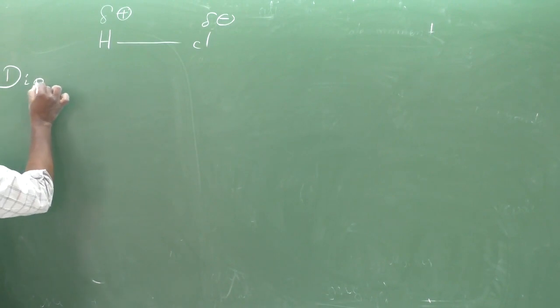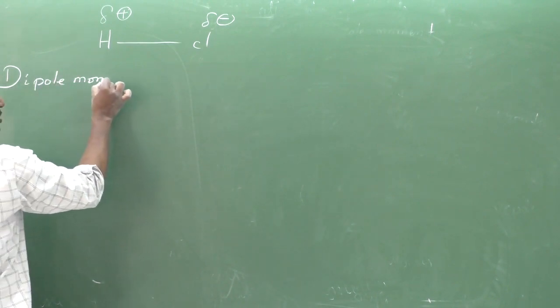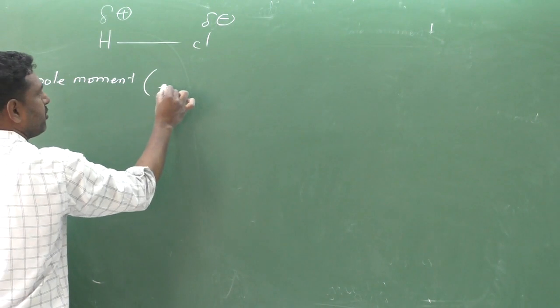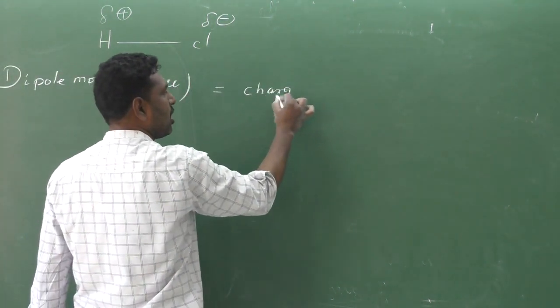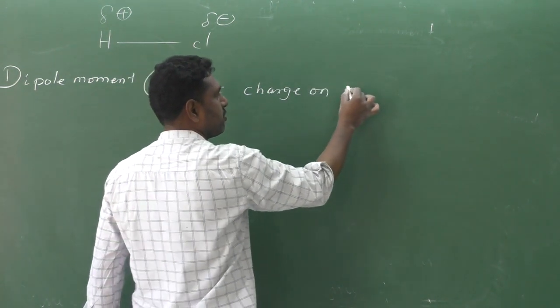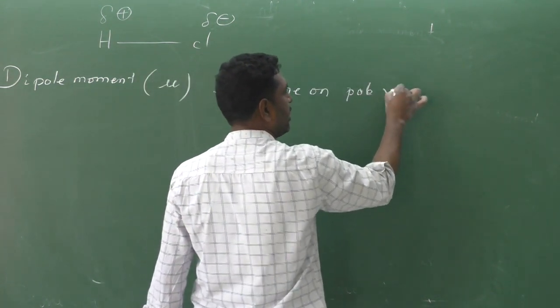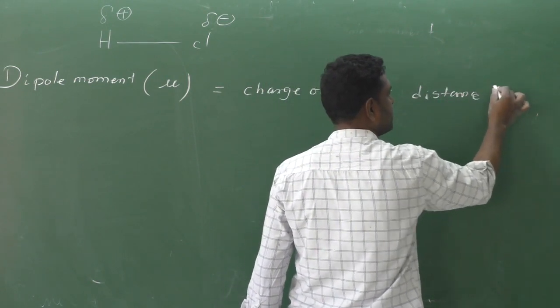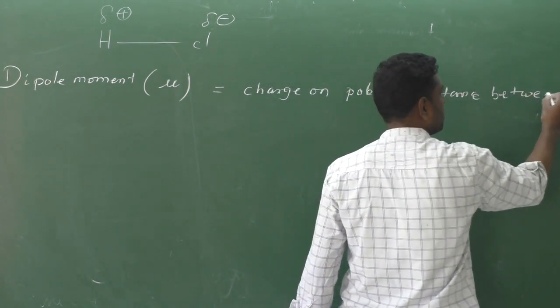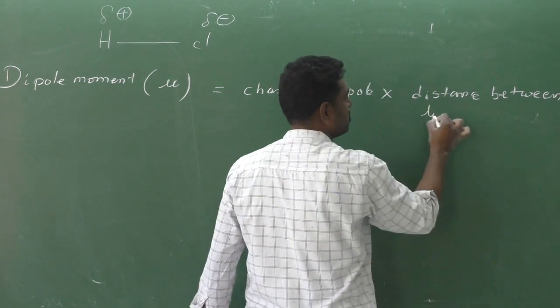Dipole moment, mu, equals charge on a pole times the distance between the two poles.